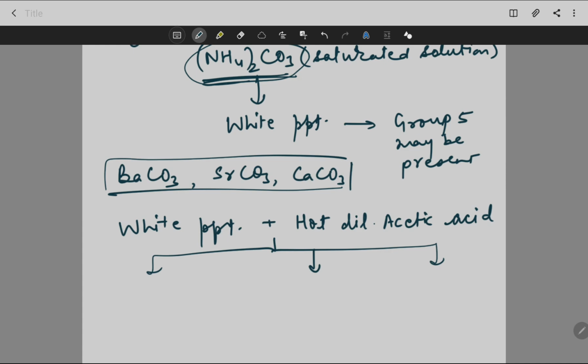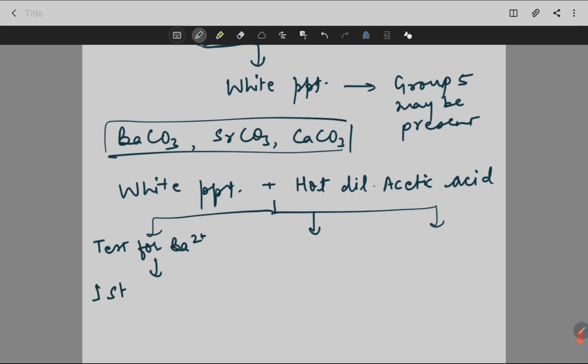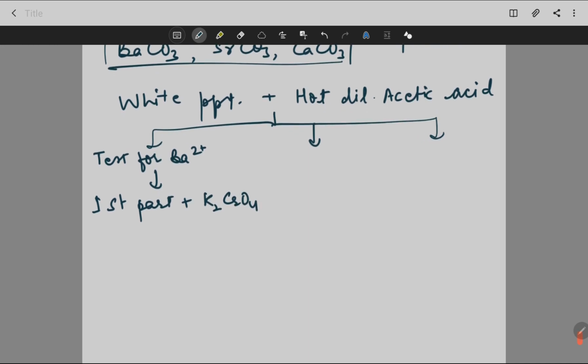To one part we add potassium chromate, K2CrO4, to do the test for barium. If we get a bright yellow precipitate, it means barium is confirmed.